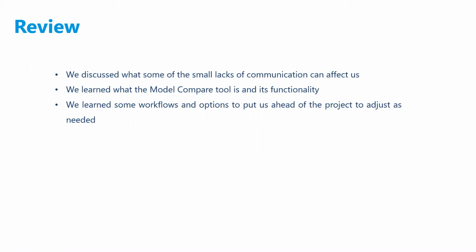Everyone has some sort of way where they relay the message, whether it be too small or too big. We also learned what the model compare tool actually does and its functionality. So in this sense, we can see what all is going on and what all can be adjusted at any point in time.